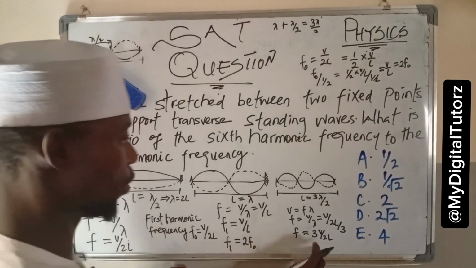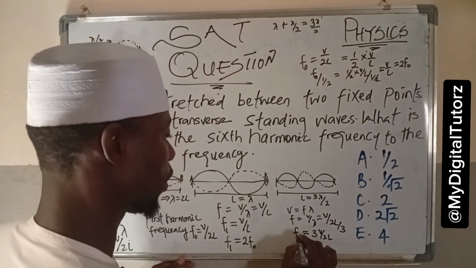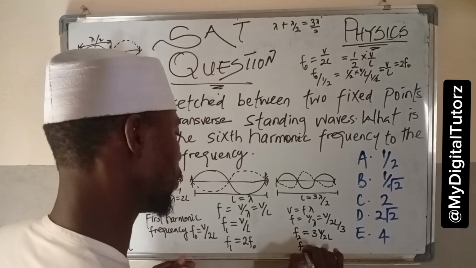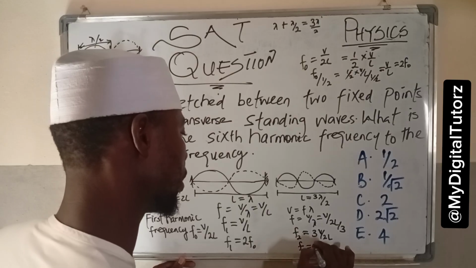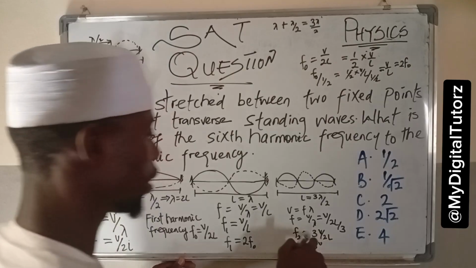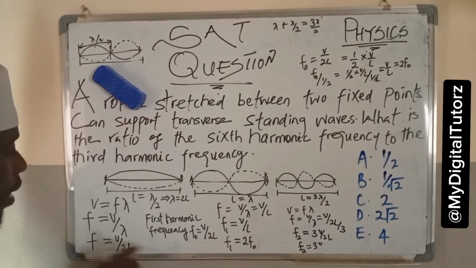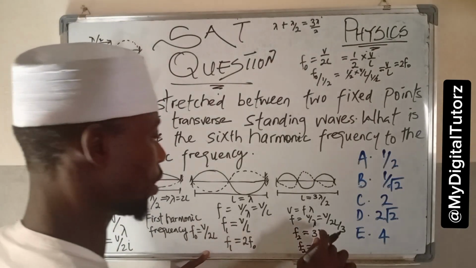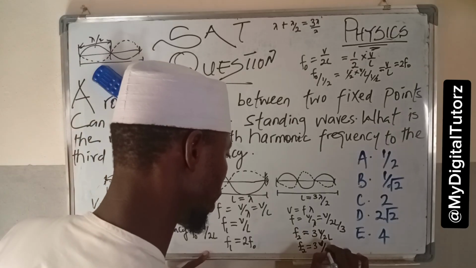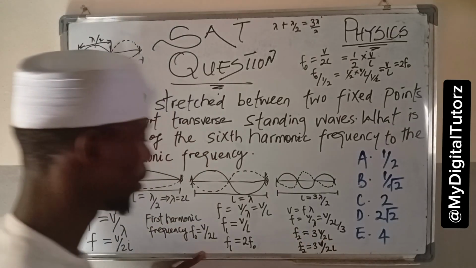So that is my third harmonic. So that is F2. What is V over 2L? V over 2L is my first harmonic, which is F naught. So let's write it as 3V over 2L.